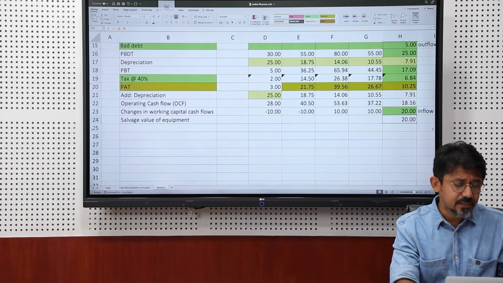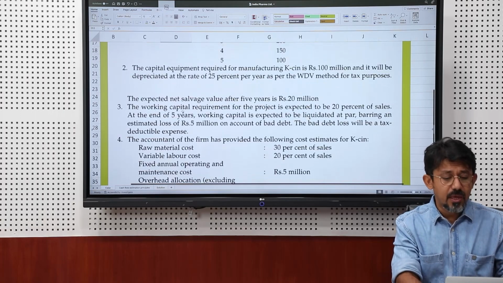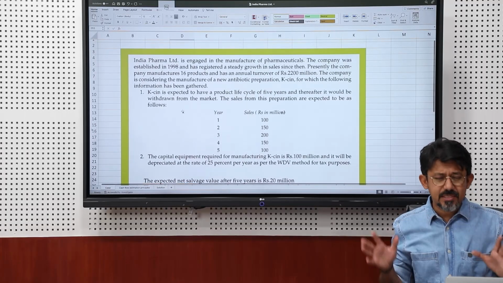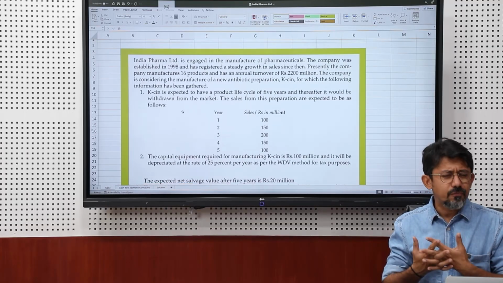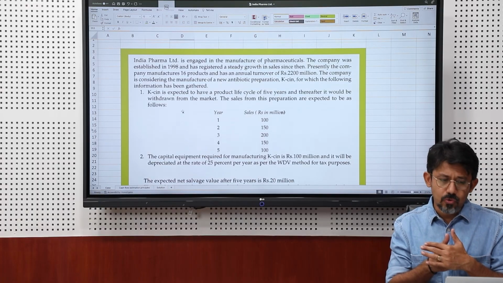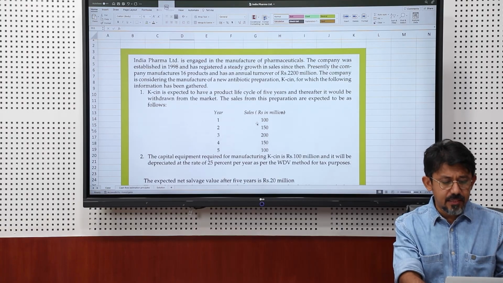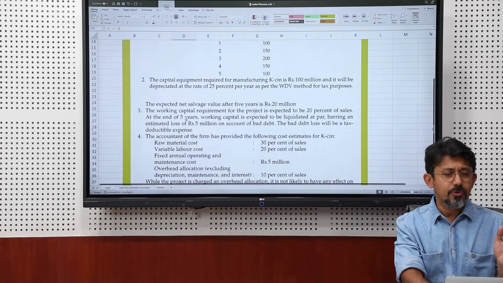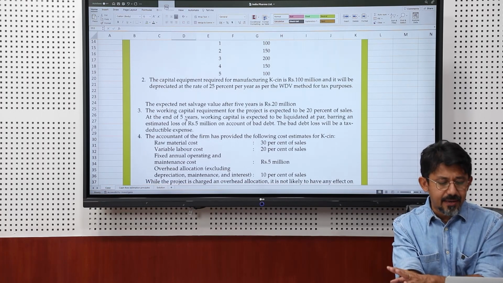Now, I have kind of considered all the cash flows. If you go through the case, which is always a good thing to do, go through the case in its entirety, watch out for things that you've forgotten, that you've not looked at, and then try and close this. I have looked at sales, I have looked at equipment and its depreciation and salvage value. Point 3, I have looked at working capital and bad debt.